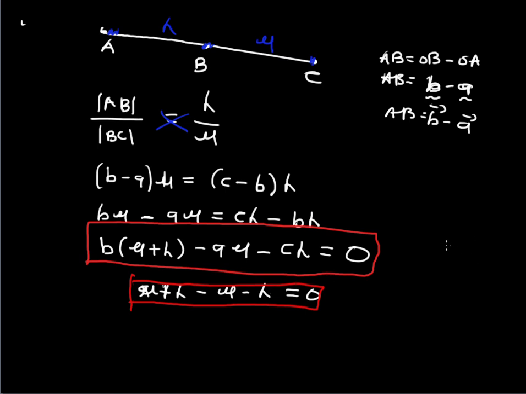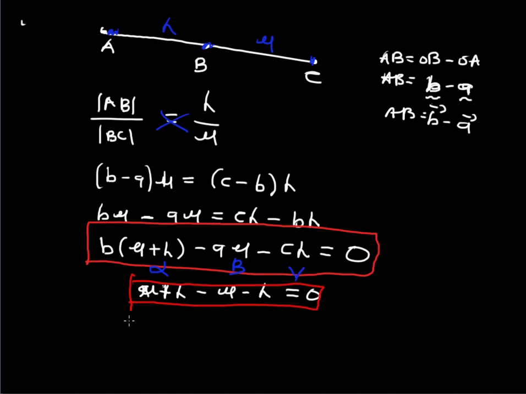Again, take note. We can replace mu plus lambda by, let's say, alpha, negative mu by beta, and negative lambda by nu.